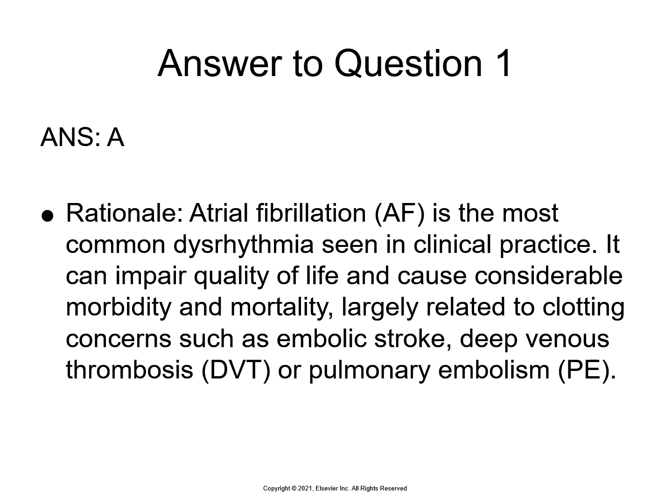It can impair the quality of life and cause considerable morbidity and mortality, largely related to clotting concerns such as we talked about, the embolic stroke, a deep venous thrombosis, or pulmonary embolism. It can cause all of those. Mostly it's the stroke.